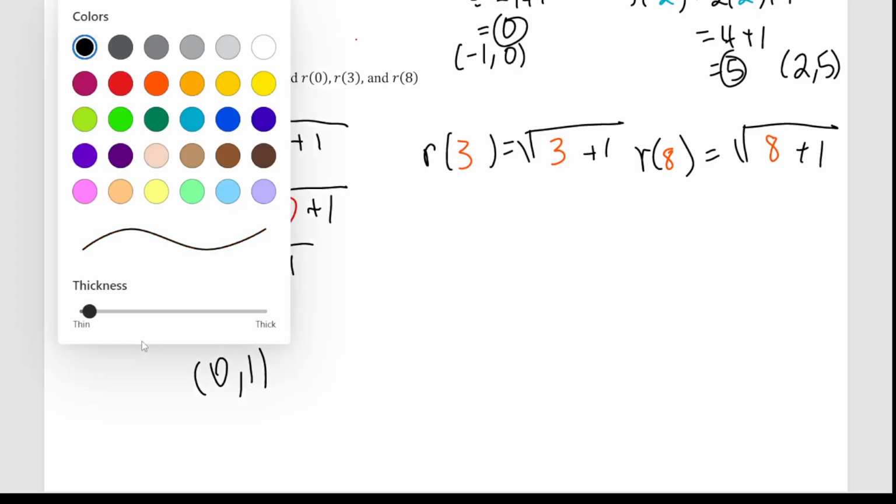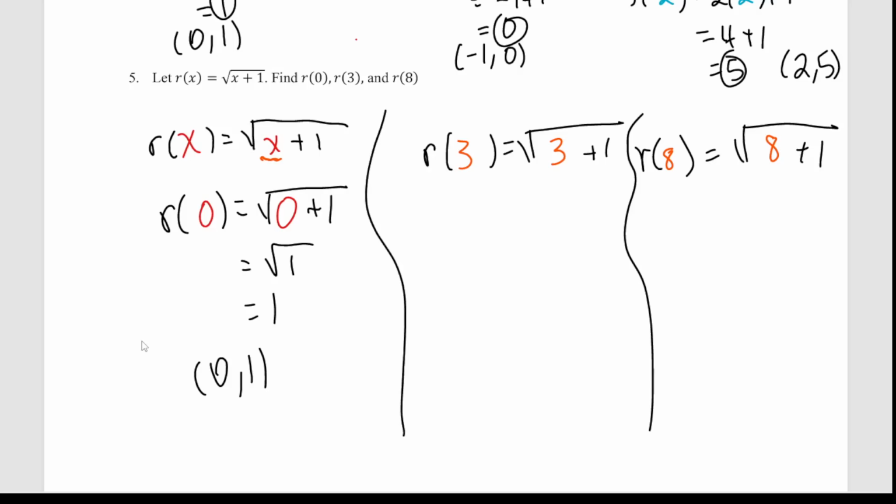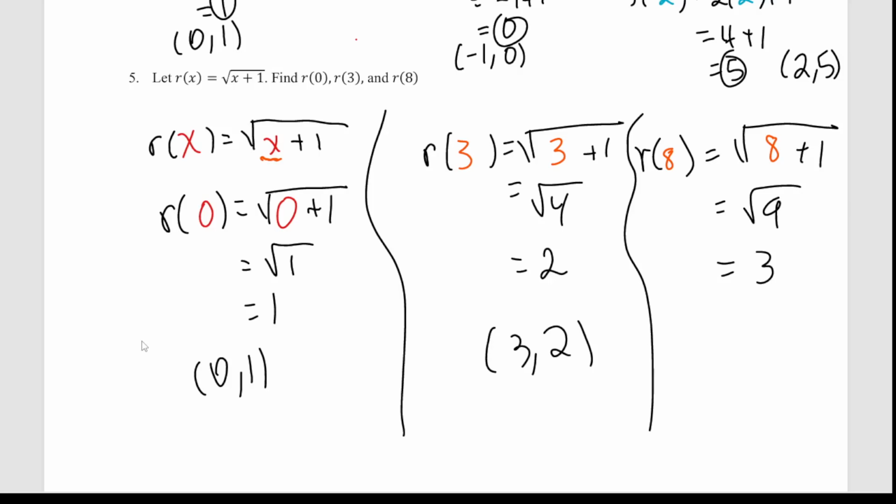And then follow order of operations accordingly. So r of 3 means that we replaced everywhere we saw an x with a 3, and then we simplify. 3 plus 1 is 4, square root of 4 is 2. 8 plus 1 is 9, square root of 9 is 3. So we just confirmed that the point 3, 2 also exists on this graph, and the point 8, 3 also exists on this graph.